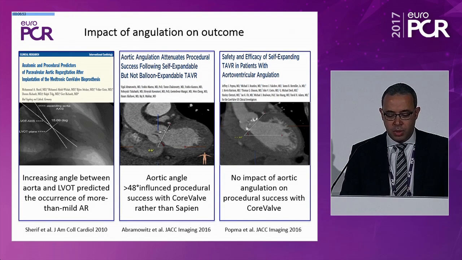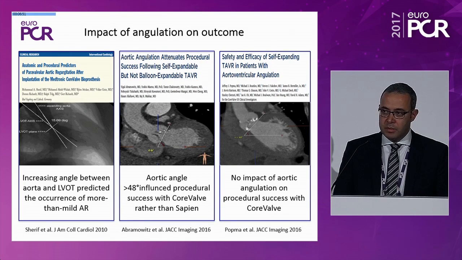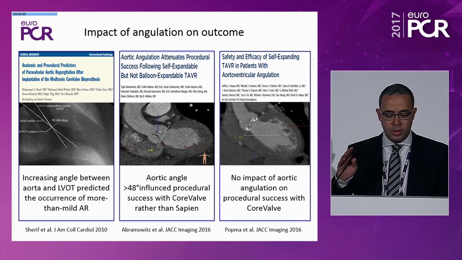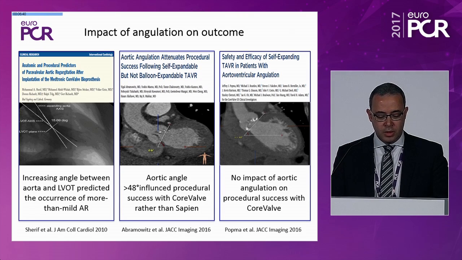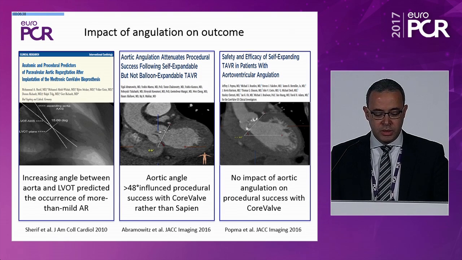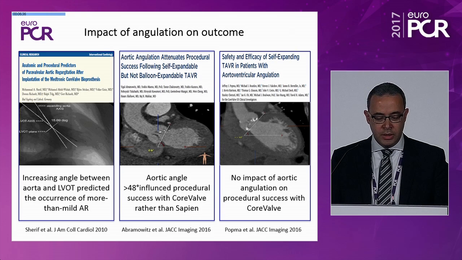There are some published studies about the impact of angulation on outcome. On the left-hand side, you can see a study of our group, which is rather old now, published 2010, where we noticed that there is an impact of the angle between the aorta and LVOT on the occurrence of more than mild AR after implantation of CoreValve Classic.